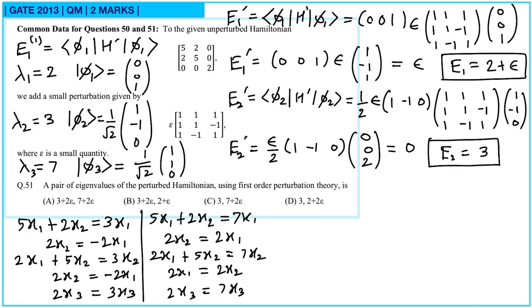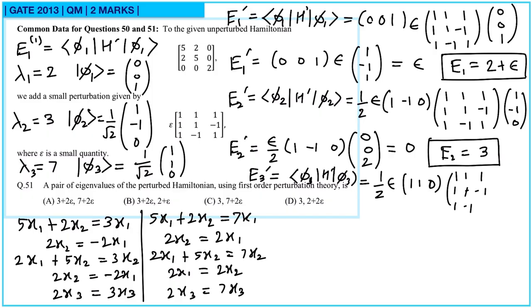Now for the next term, we have E3 dash, this will be equal to psi 3 H dash psi 3. That is equal to, now 1 by 2 epsilon, then we have 1, 1, 0, then this matrix, multiply this, so E3 dash will be epsilon by 2, 1, 1, 0, this will be 1 plus 1, 2, then 1 plus 1, 2, then this will be 0.